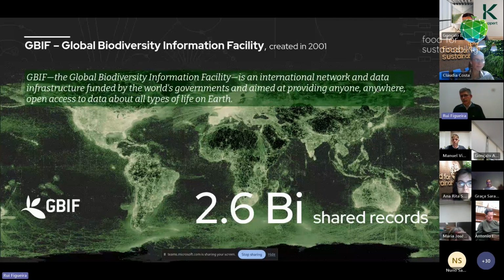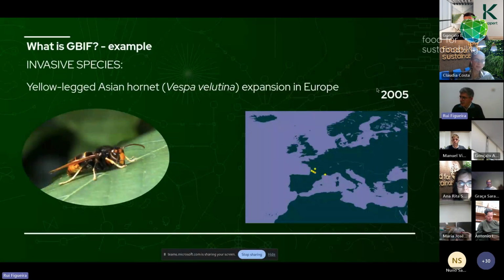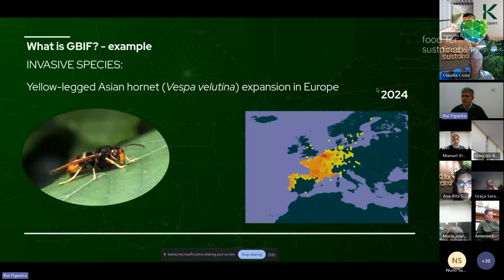And what does it serve for? Well, the best benefit of GBIF is that it aggregates data that is coming from all over the world. So for example, for this Asian hornet that has been a concern here in Portugal, we can see through GBIF the evolution of the distribution of the species in Europe, easily just seen by the historic records we have through time in the continent.